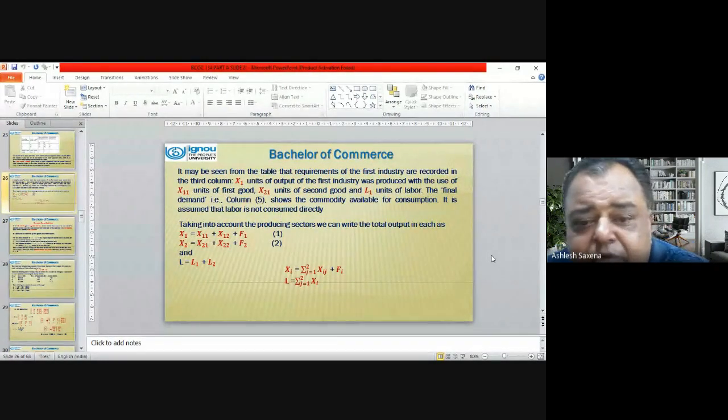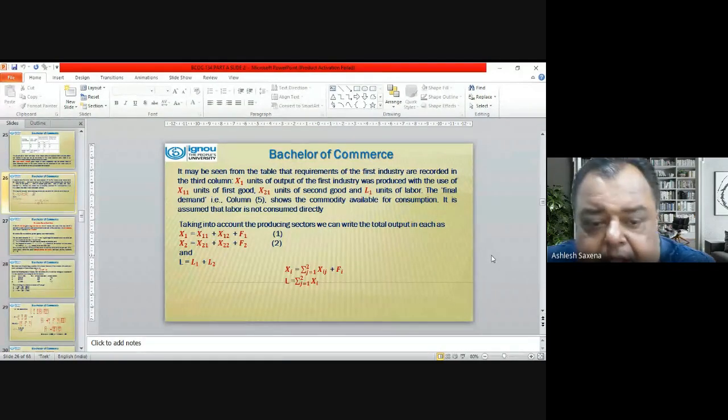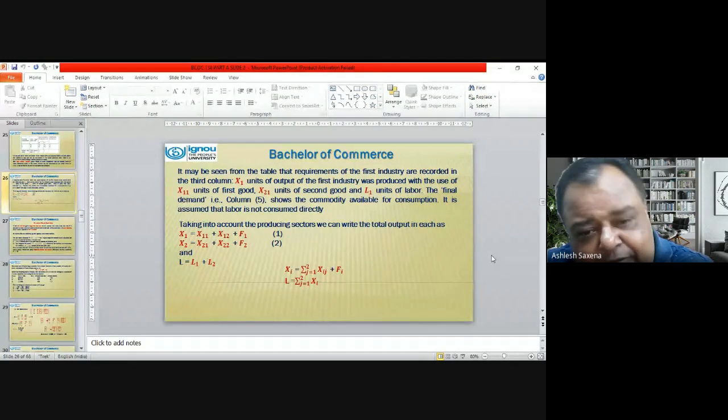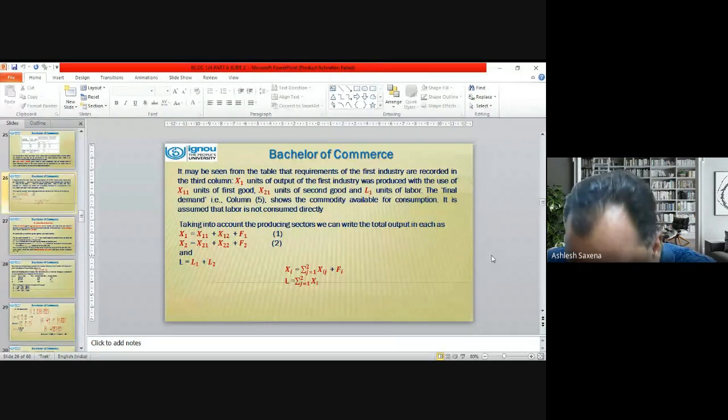X1 will be equal to X11 plus X12 plus F1. X2 will be equal to X21 plus X22 plus F2. And the total labor will be equal to L1 plus L2.